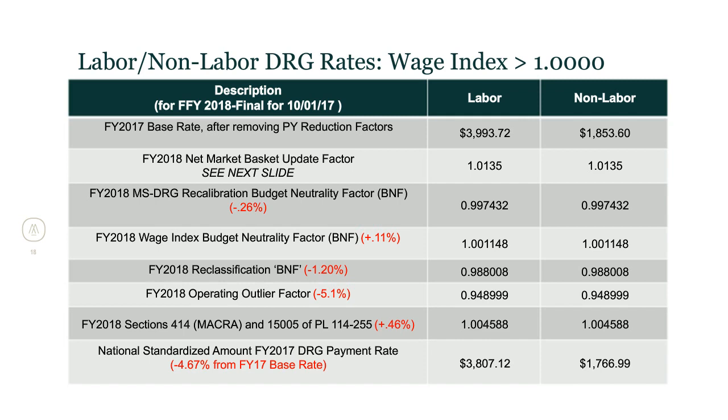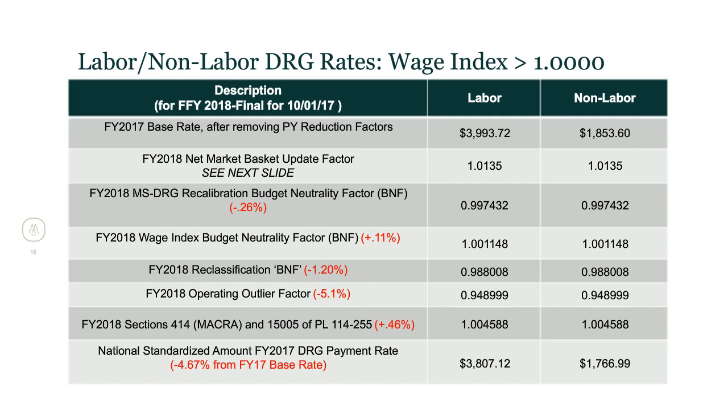So each year, consistent, or at least this year consistent with prior years, we have several common factors. We have recalibrations for budget neutrality. We have reclassifications. We have our operating outlier factor where Medicare is removing, as you can see here, 5.1% consistent with prior years for outliers, anticipating that about 5.1% of overall DRG payments that go back out to facilities will be related to those high-cost cases.